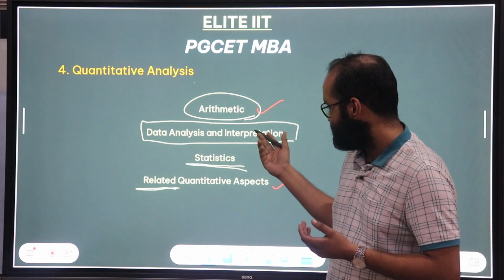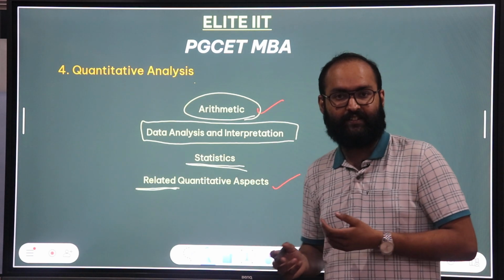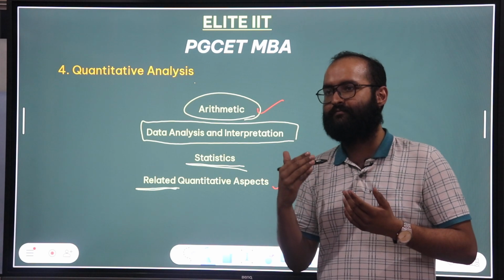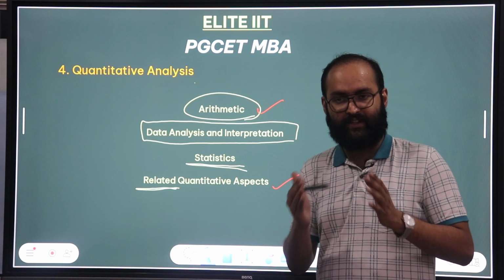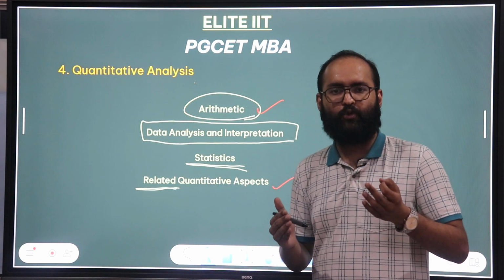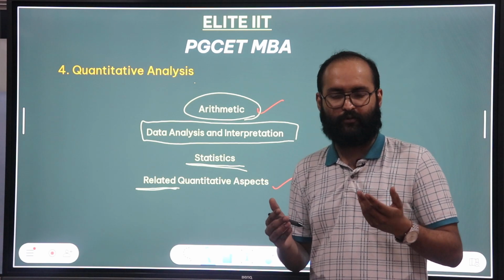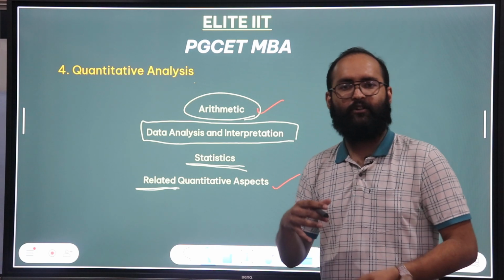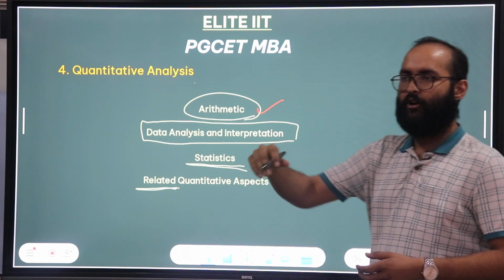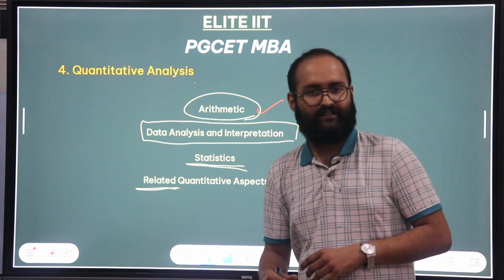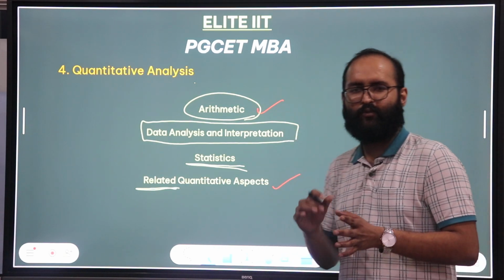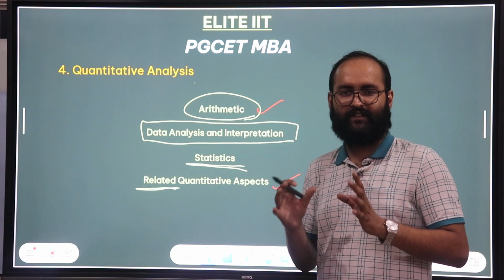For example, in data analysis, they may give you some kind of table, and within that they will ask you 2 or 3 questions, or maybe 4. In that, you may be asked to find the ratio of something, or the percentage of something, or the average of something. So those are actually mixed. It's quite interdisciplinary.